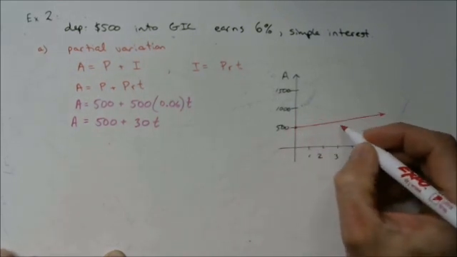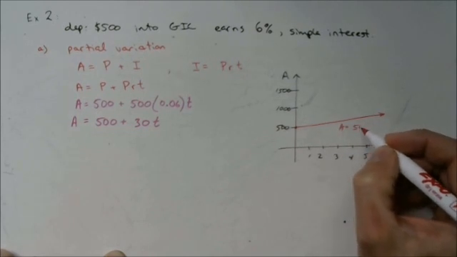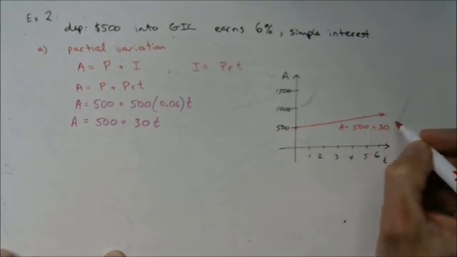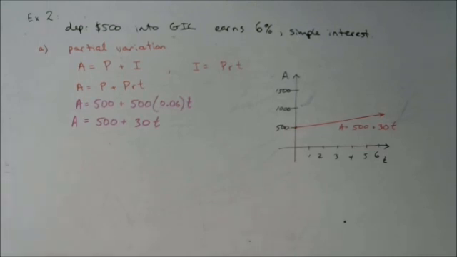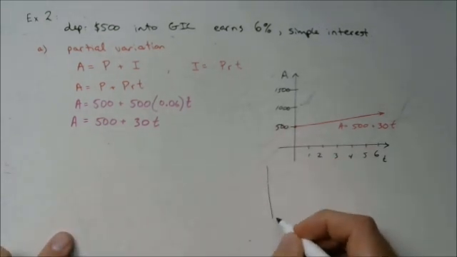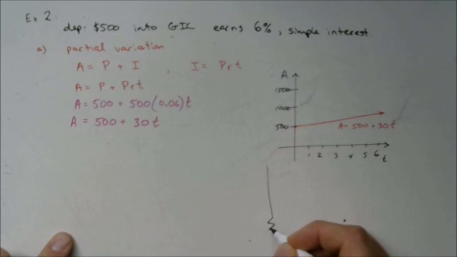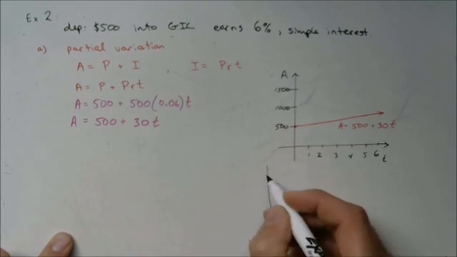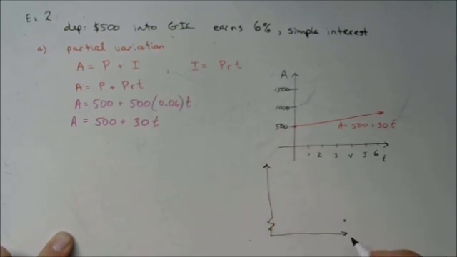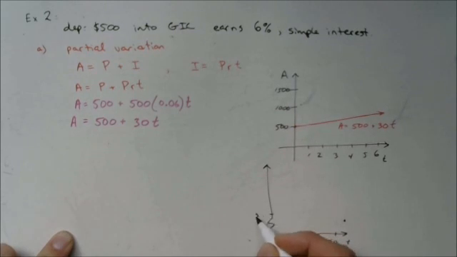And this is our formula for A equals 500 plus 30T. If I wanted to do a better job at this, I'd probably give myself a broken vertical axis. I give myself more time, maybe 20 years. It doesn't say how long he's going to be doing it, so let's say 20 years, 10, and we'll start at 500. But then I don't have to go up by 500s.